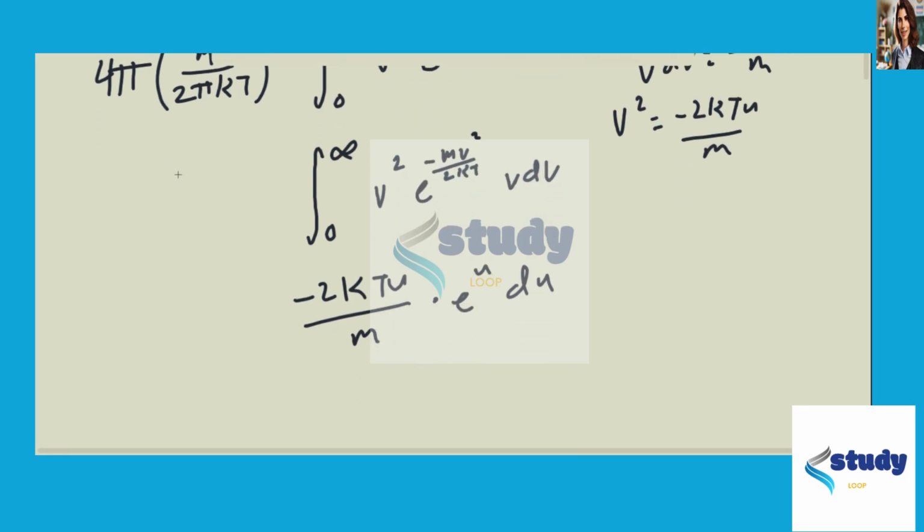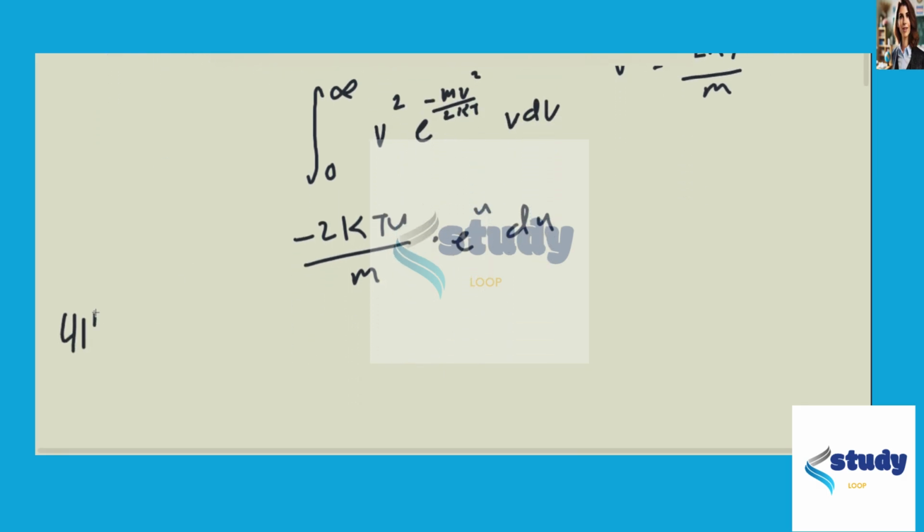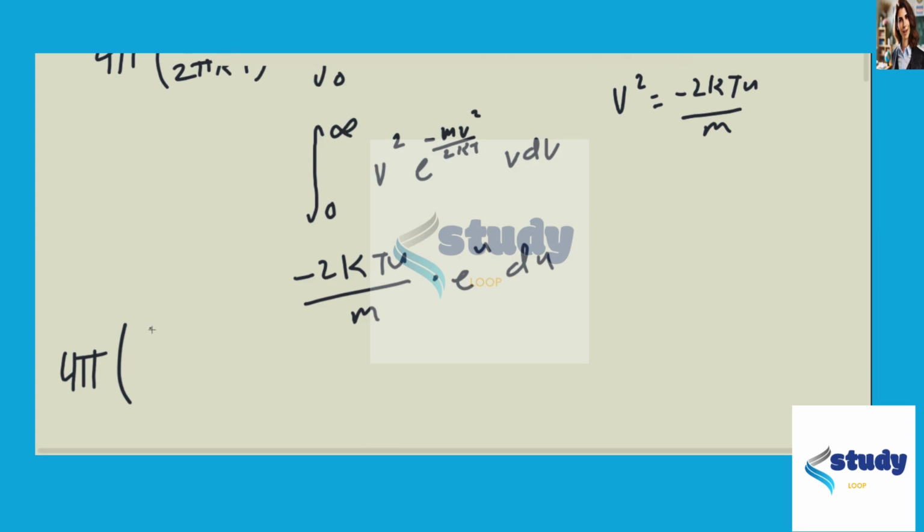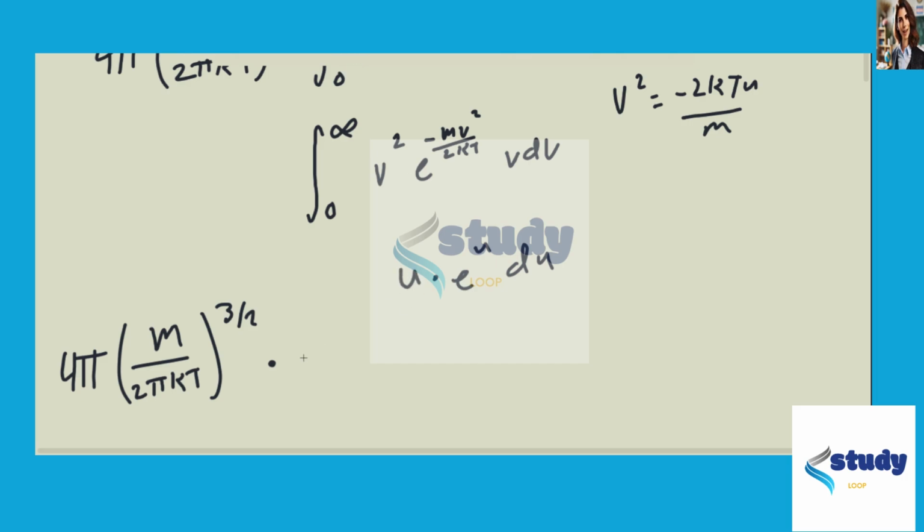Then I'm going to have to simplify all that. So 4 pi m over 2 pi kt to the 3 halves times negative 2kt over m times negative kt over m, which is really messy.